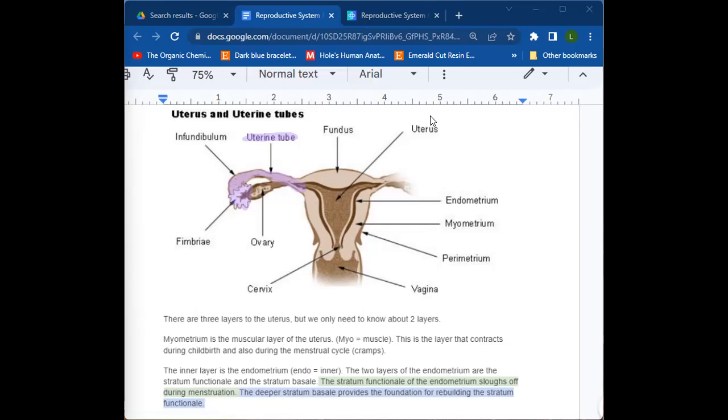And we need to know that at the beginning of the fallopian tube, there is a structure called fimbriae. The fimbriae are these finger-like extensions that are going to help sweep the egg into the fallopian tube.